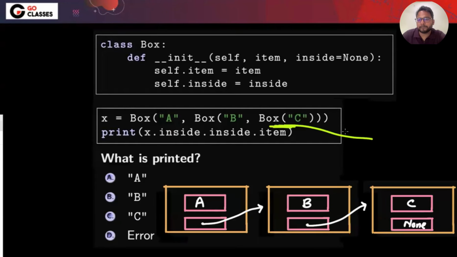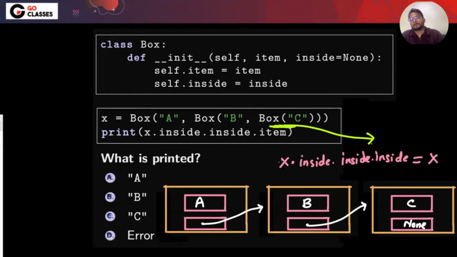The line is X dot inside dot inside dot inside equal to X. Suppose I do something like this, and then I ask the same question.